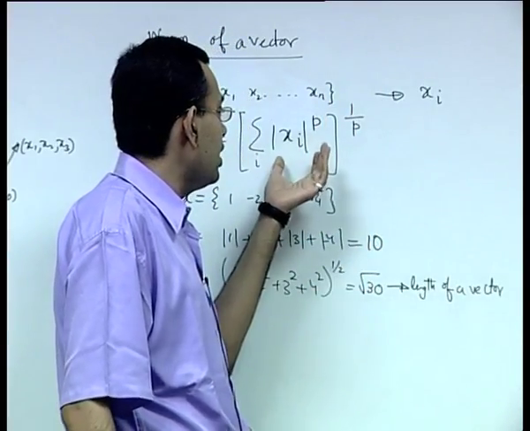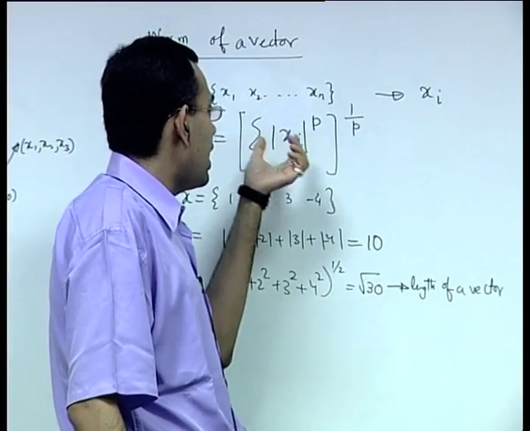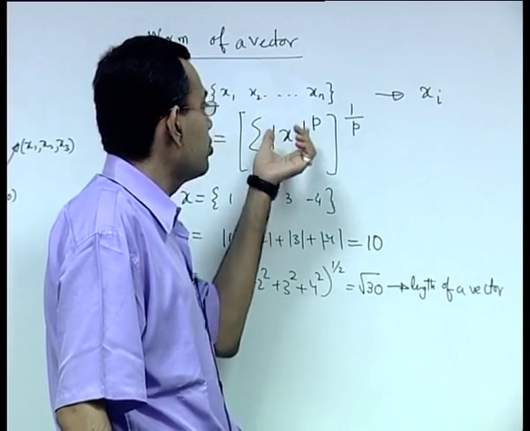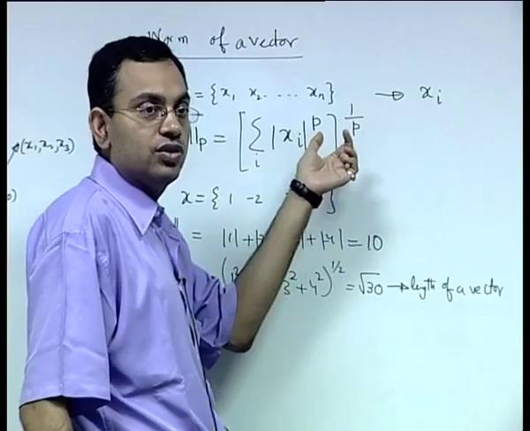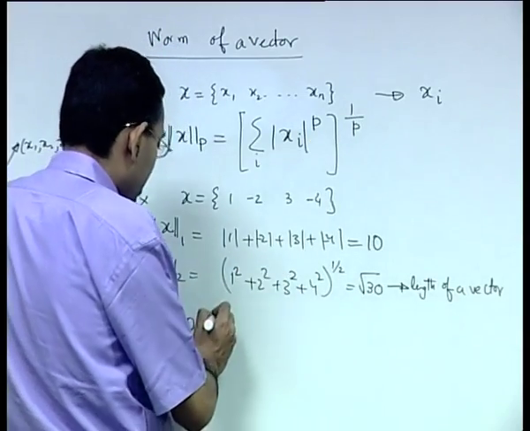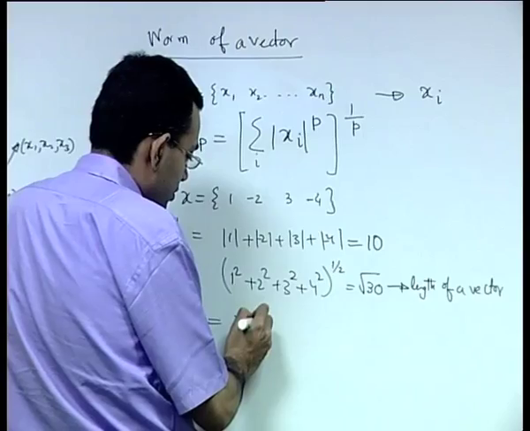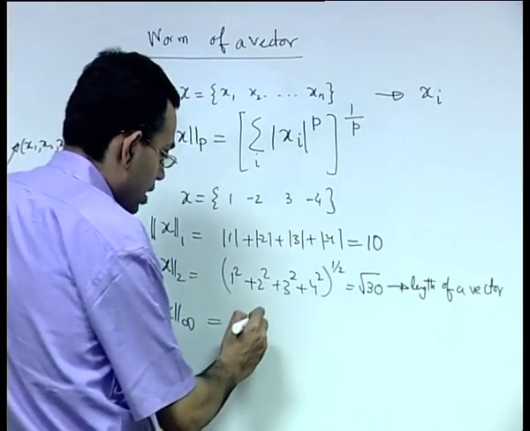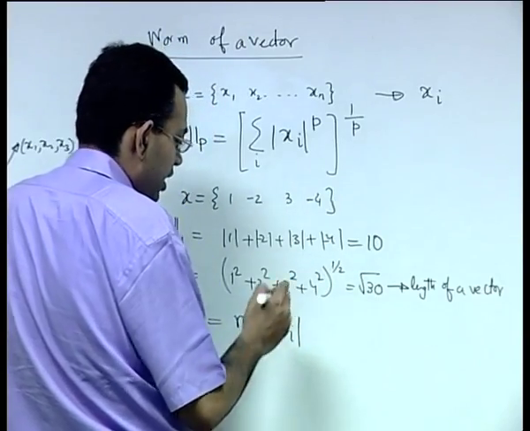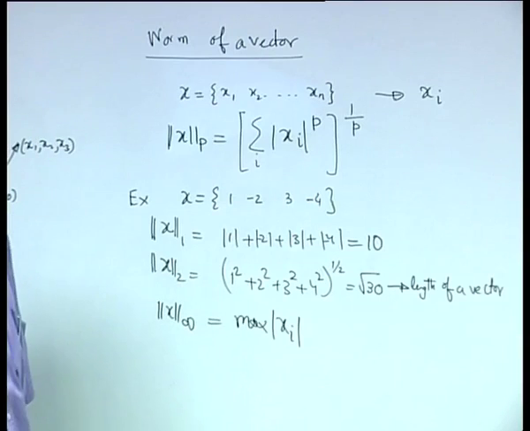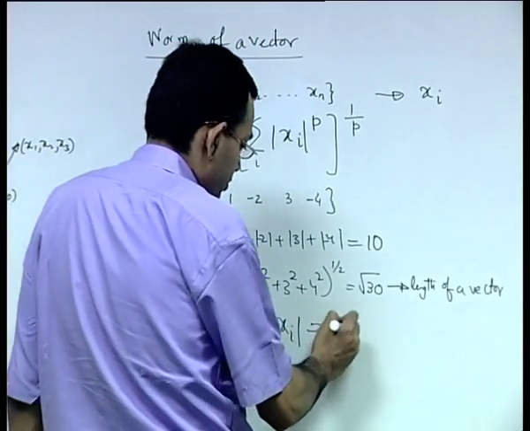So, effectively it will become the largest magnitude to the power infinity, that to the power 1 by infinity. So, that means it is nothing but you find out the maximum magnitude of xi, and that is the infinity norm. So, that is 4.